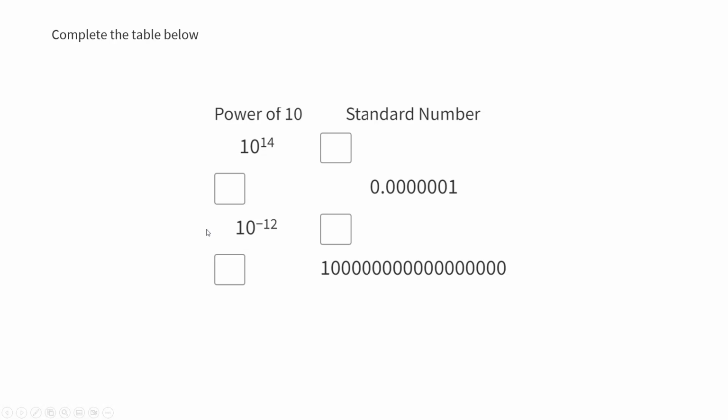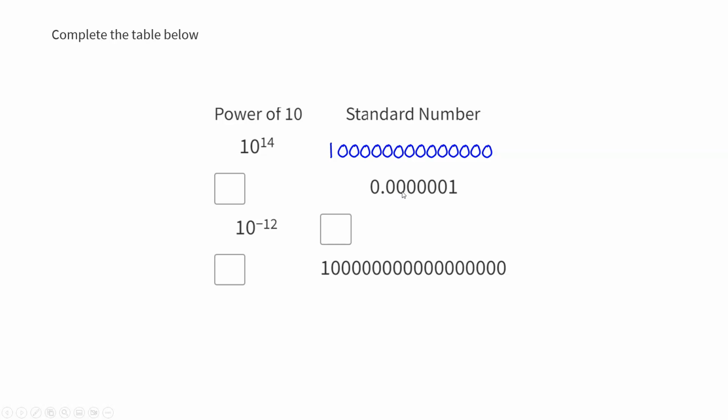The way I like to remember it is that the number you see up here is the number of decimal places it would take you to move back to having the decimal point right after the 1 again. So 10 to the 14th is going to be a 1 with 14 zeros following it.